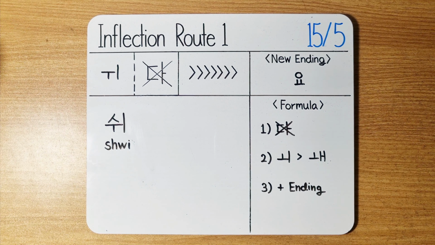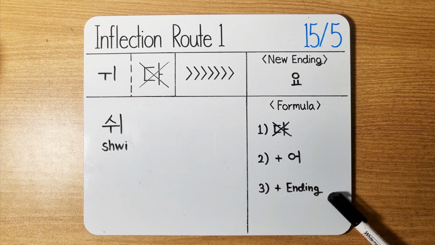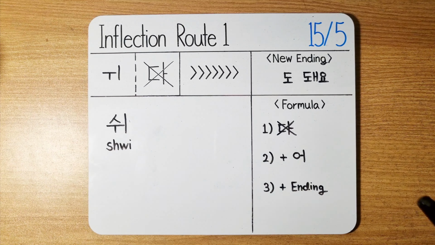Step number 1 would be to erase 다, which I already did. Step number 2 would be to add another syllable, 어, and then step number 3, I can attach the new ending that I want to use. So in this case, let's use the ending 도 돼요, which is okay to.